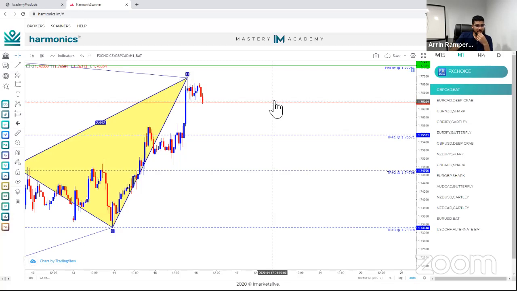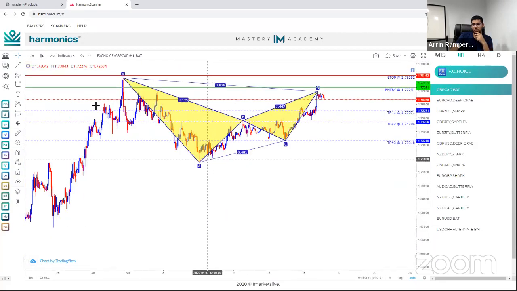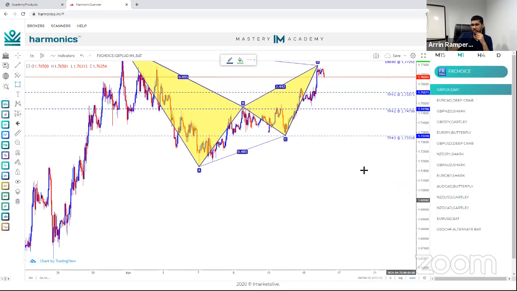If you're buying off resistance, is there any value in drawing support to see where you should stop the sell? Sure. The same way that we look at this point for an entry, right?